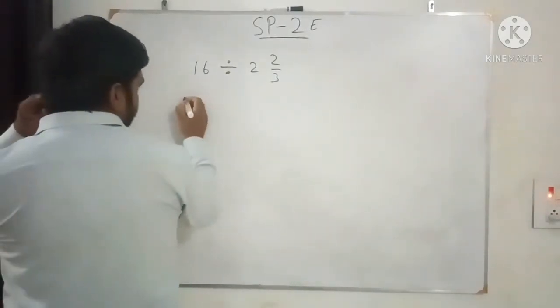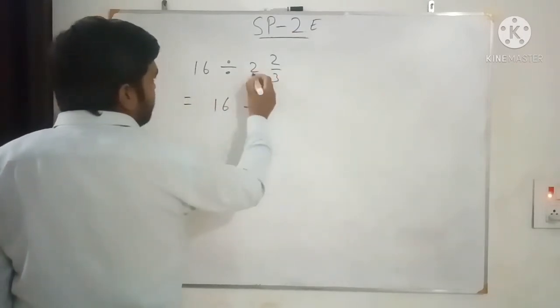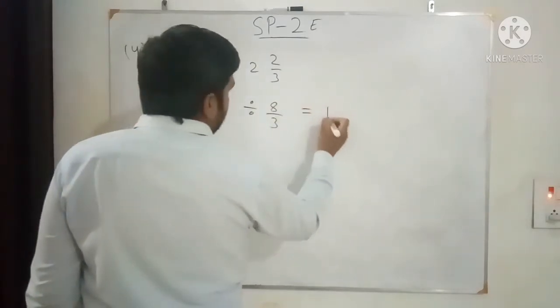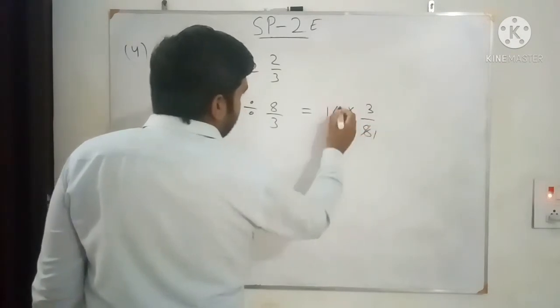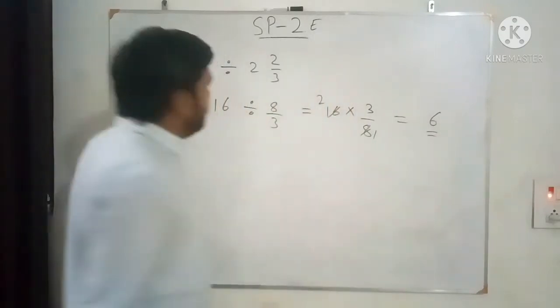So 16 divided by 2 by 3 becomes 16 multiply 3 by 2, which is 8 by 3... that is, 16 multiply 3 by 8, that is 6. So what is the answer?